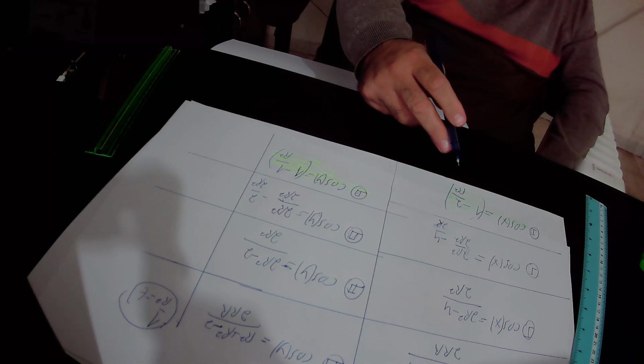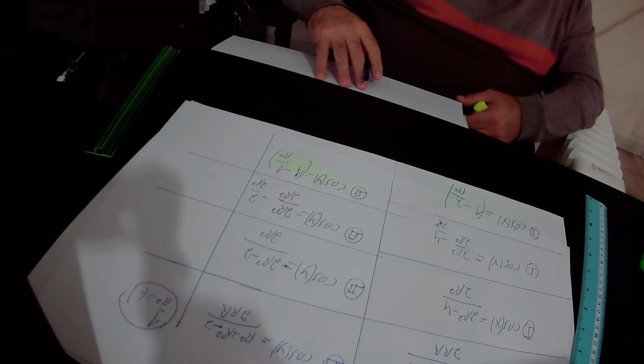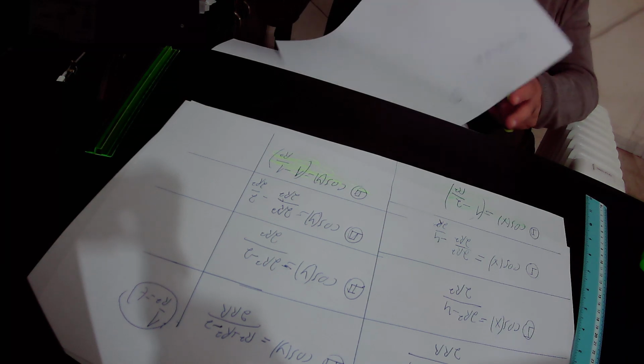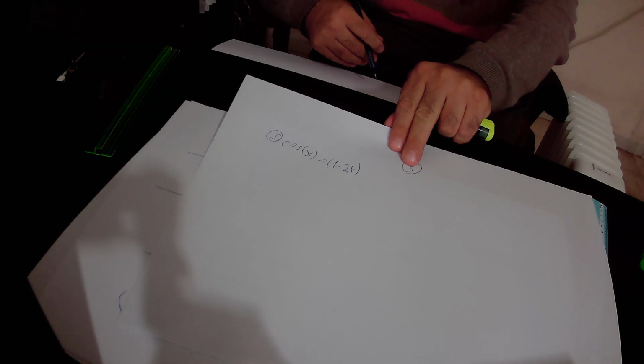So it is minus 2, and 1 over r squared is t, so it is minus 2t. So according to equation number 1, cosine x equals 1 minus 2t.